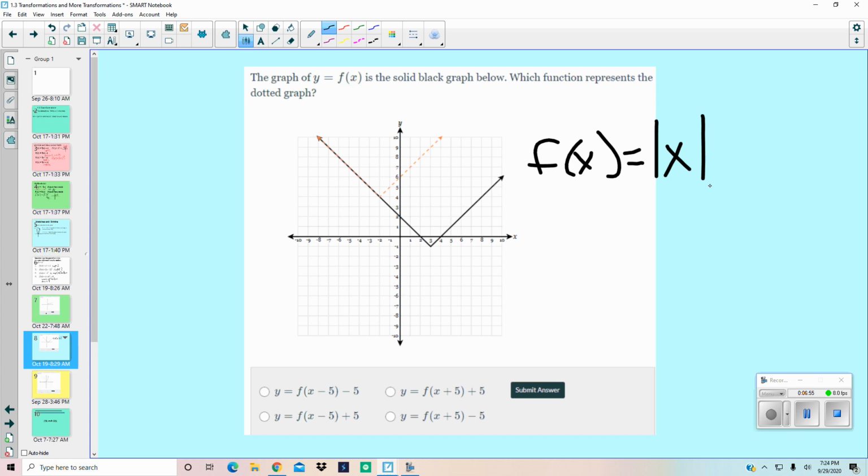So 5 to the left is going to be a plus 5 within the function. And then it's moving it 1, 2, 3, 4, 5 up. So if I draw a line, it's 5 to the left and then 5 up. And so 5 to the left is going to be plus 5 and 5 up is also going to be plus 5. So it has to be that function.